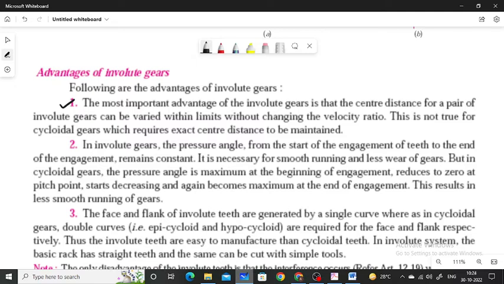This is not true for cycloidal gears, which require exact center distance to be maintained. This is the first advantage of the involute gears.